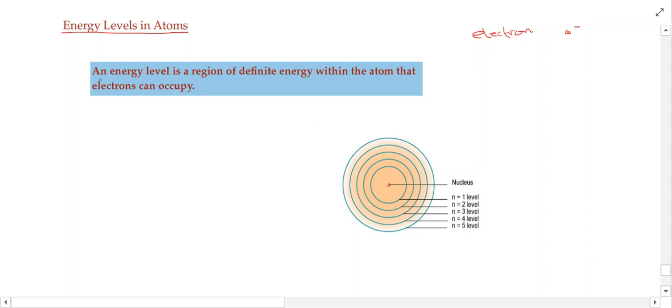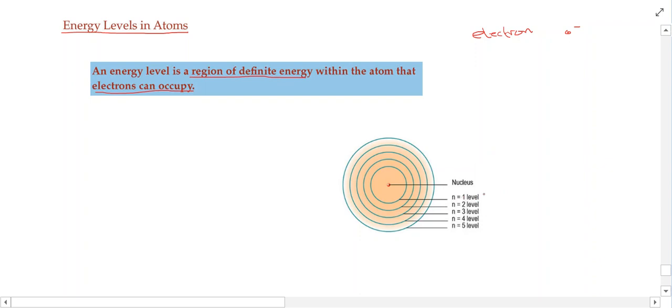atom? So, if we look at the official definition of an energy level, an energy level is a region or a definite energy within the atom that electrons can occupy. Okay, so regions. And they distinguish these regions, they actually call them levels.